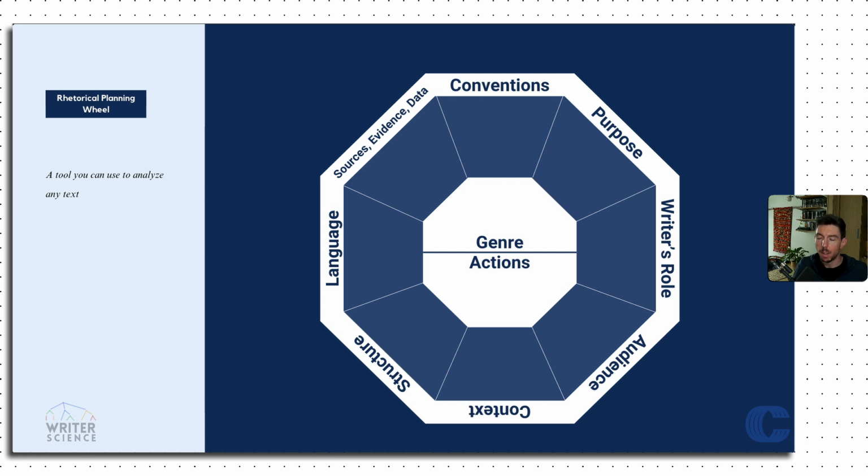So as a genre, for example, you could consider a scientific report. And we all know what that genre looks like. There's going to be an introduction, a method, results, and discussion. And that genre is basically the same across all scientific disciplines. But there are going to be slight changes depending on the field that we're looking at. For example, in a hard science like physics or chemistry, there are going to be experiments.